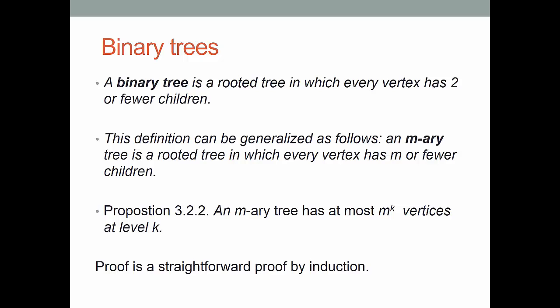Then if you assume for a fixed k that there are at most m to the k vertices, it is straightforward to argue that at the next level, you have at most m to the k plus 1 vertices.